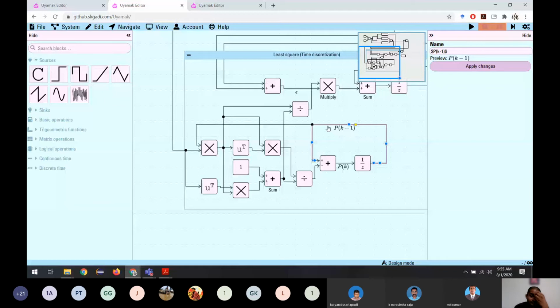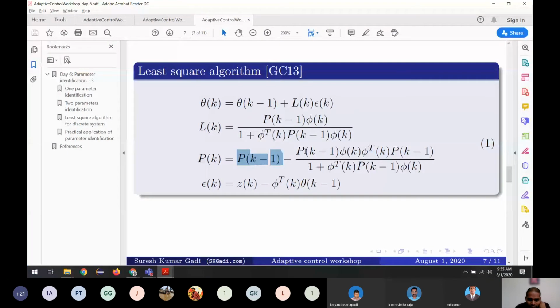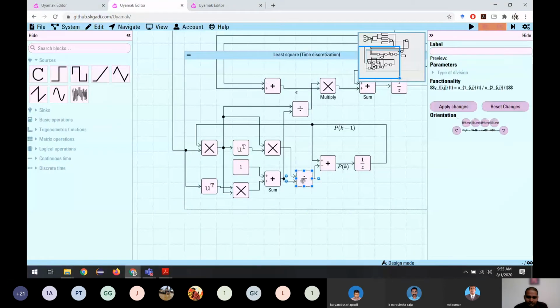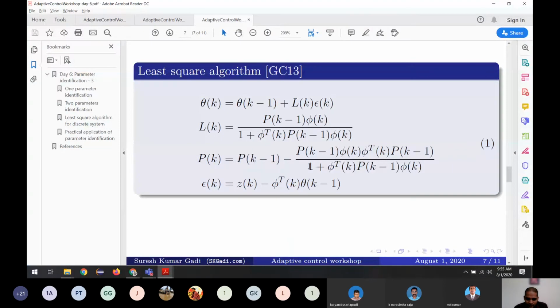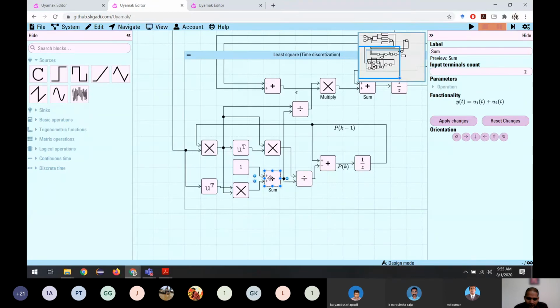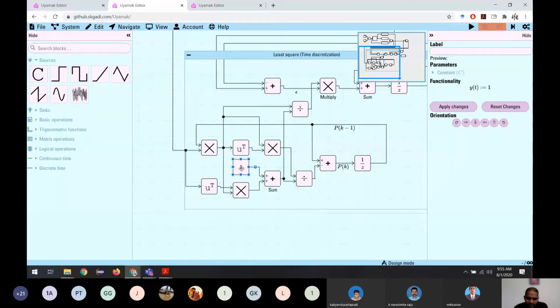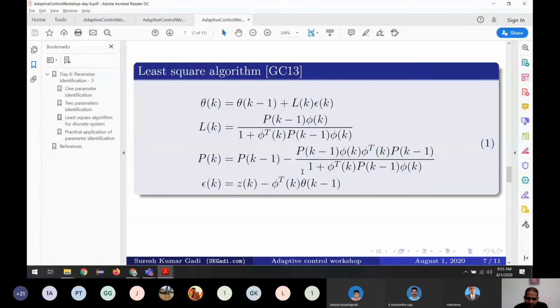What is the second term? The second term, we put as numerator and denominator. So we have a division here. So this is a numerator, this is a denominator, right? So let us go with the denominator first because it seems easy to me. So the denominator is of two terms. The first one is scalar number 1.